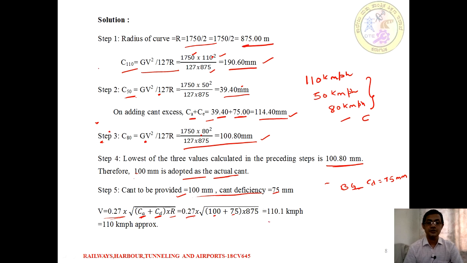Then we obtain the value 110.1, or approximately 110 kilometers per hour, that can be provided. That satisfies all the requirements of different speeds. So this is another type of problem you can expect in the examination.